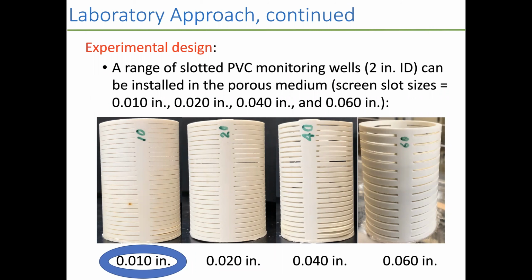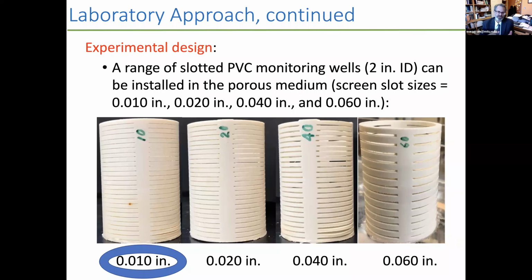And I was curious if you were going to try that, at least with the blue dye. And then I have a second question too, but I'd be happy to wait on that and let someone else ask a question. Yeah, like I said, we did this so that everything was the same except for the slot size.